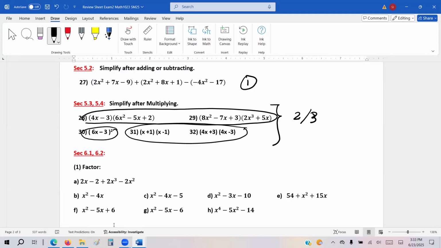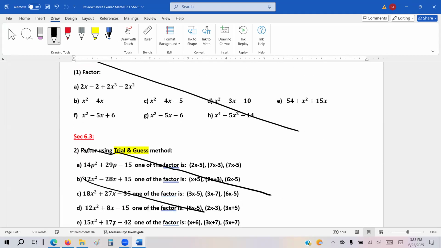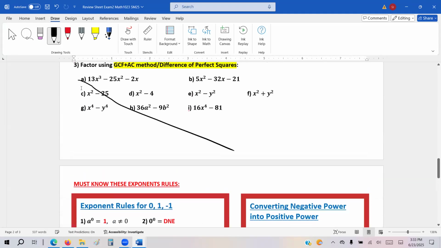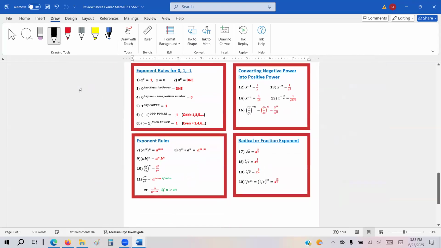So 3, this is my plan. And now 6 is gone, no more 6, no more 6, no more 6. However, all of these, I'm going to ask around 35 questions on the exponent rules. So one full page will be exponent rules. All of these rules.